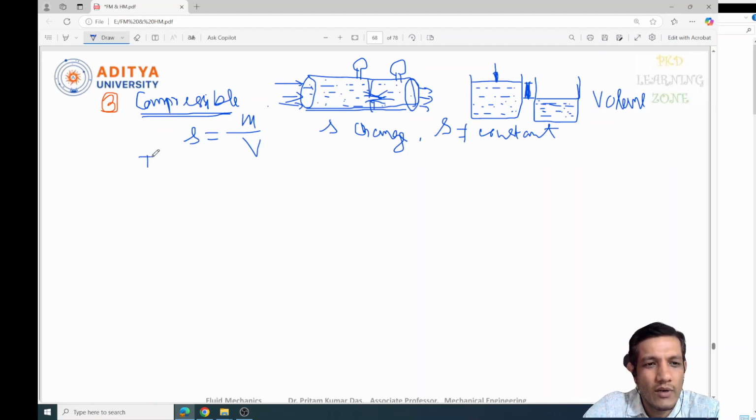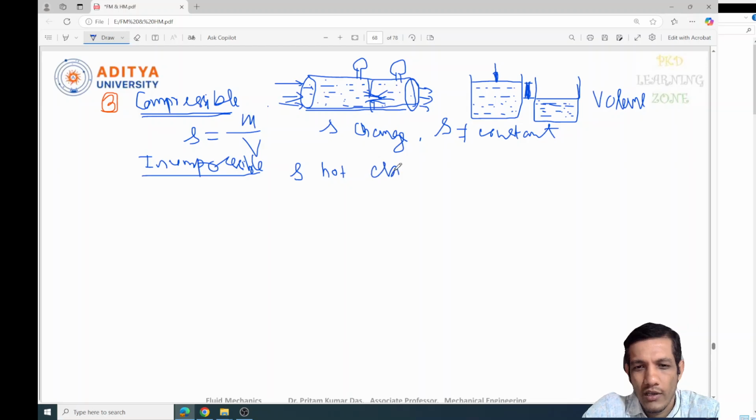And similarly, incompressible is opposite to this: the fluid which is not ready to compress. However much load you give, the fluid is not going to compress, which means the density is not going to change its value. Same thing, I can consider a container here with liquid inside, and if you apply some pressure or load here, even after giving some weight on that, you can see in the next level the same volume of liquid is present here.